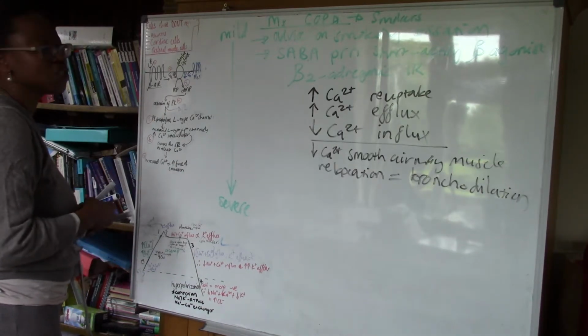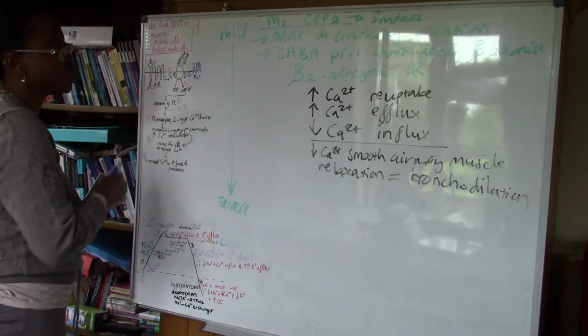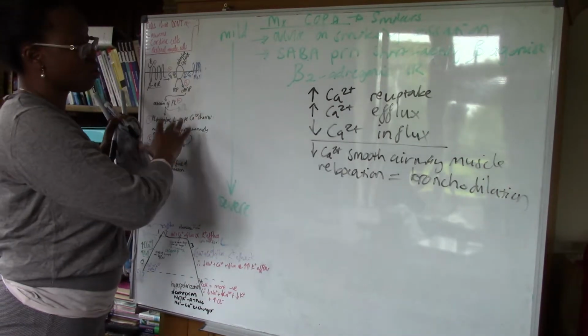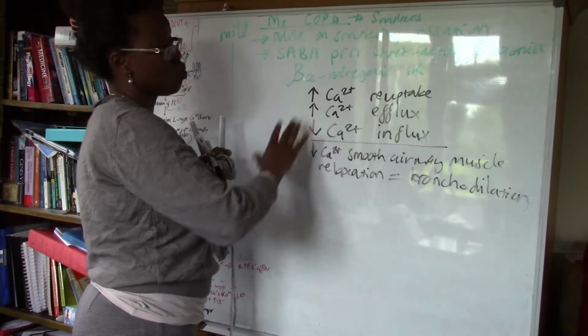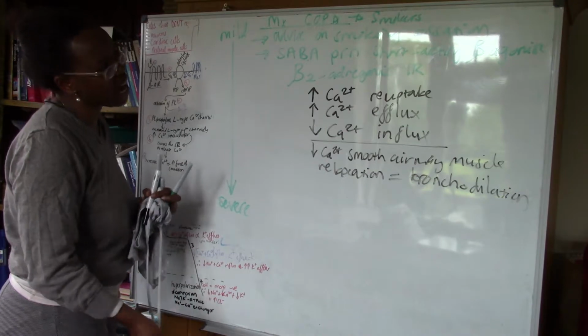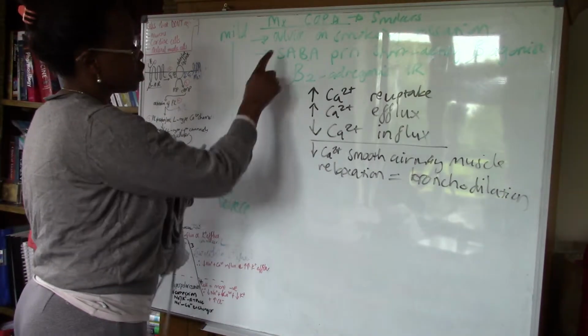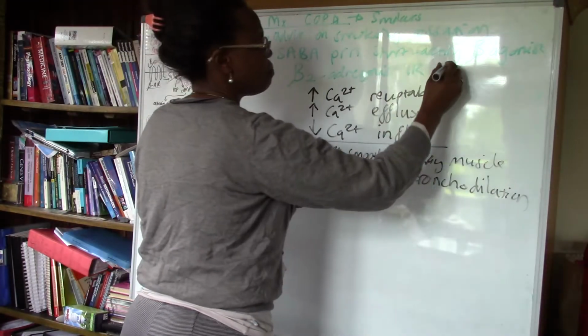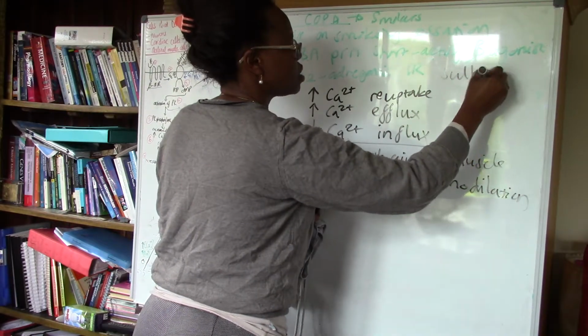But I'm not going to go into it. I think it's easier to go into it when one does pharmacology, so I'll leave it alone for now. But it all has to do with the phosphorylation via the protein kinases. So for the short-acting, a common example is salbutamol.